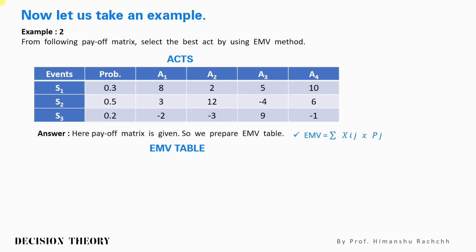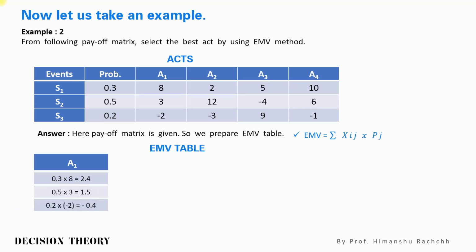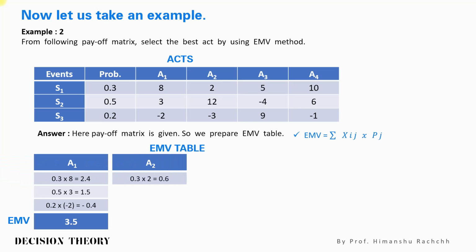For the act A1, 0.3 into 8, 0.5 into 3 and 0.2 into minus 2. Now, total of these 3 multiplications is 3.5. So, EMV for the act A1 is 3.5. Now, we calculate EMV for act A2.